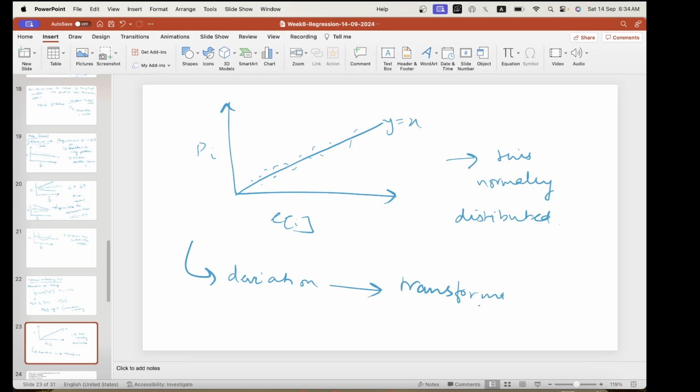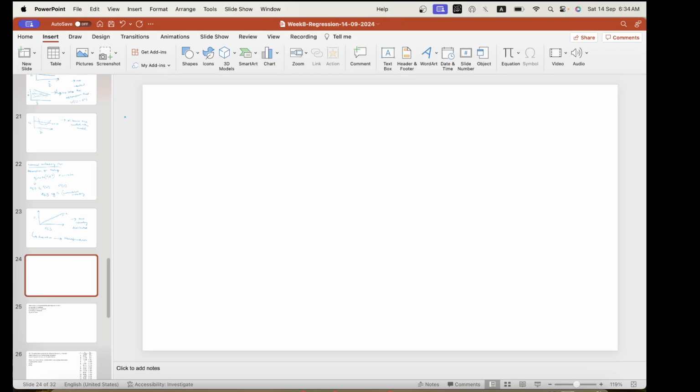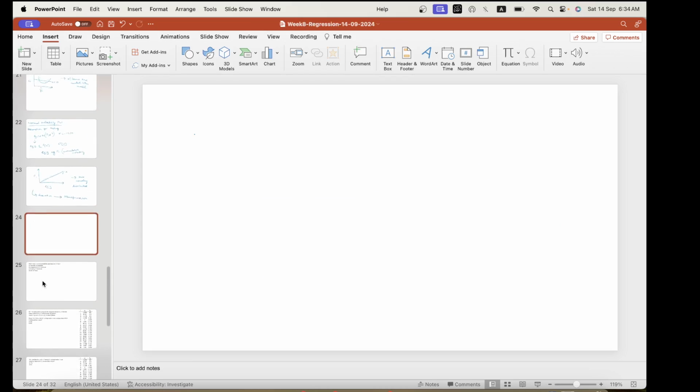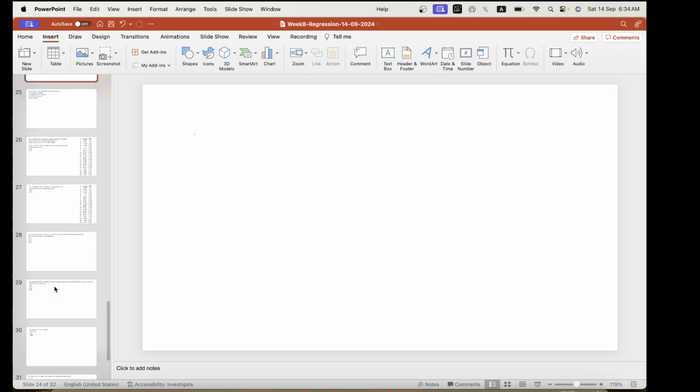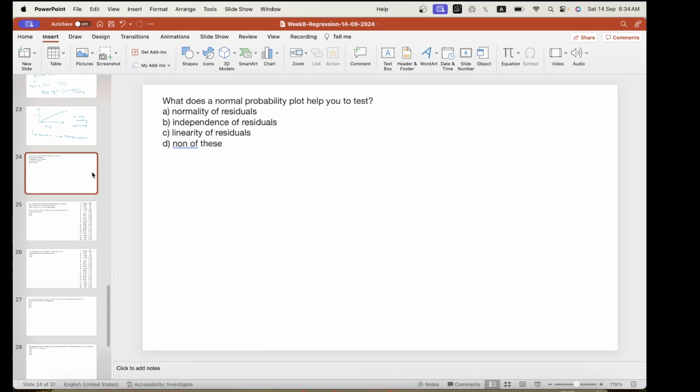What transformations to apply in which scenario is something we learned this week. We'll discuss more on this, but first let us do a few problems and then move on to the transformations.